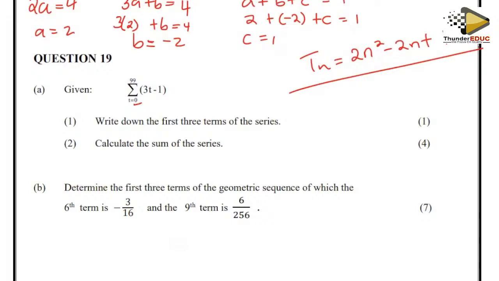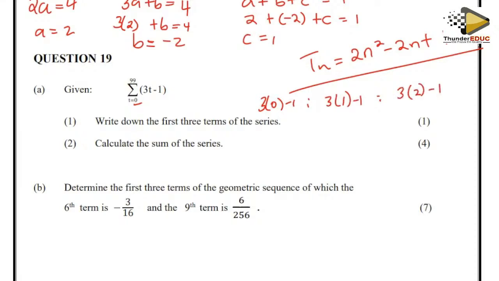Determine or write down the first 3 terms of the sequence. So what we do in this case, just substitute t with these numbers, but we have to start with 0. So my first term is going to be 3 times 0 minus 1. The second term, t equal to 1, that's 3 times 1 minus 1. Then the third term is going to be 3 times 2 minus 1.